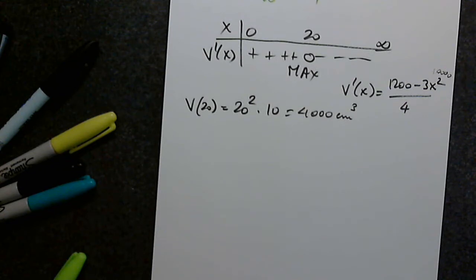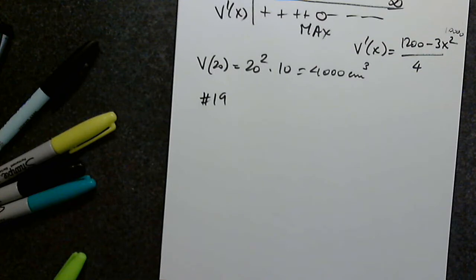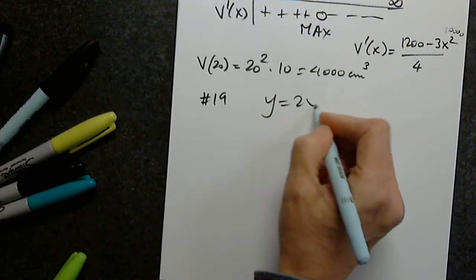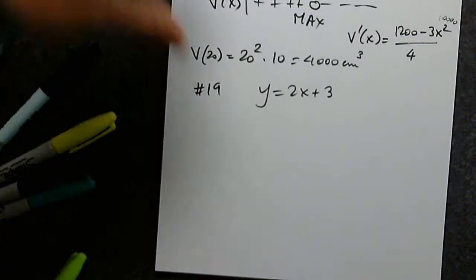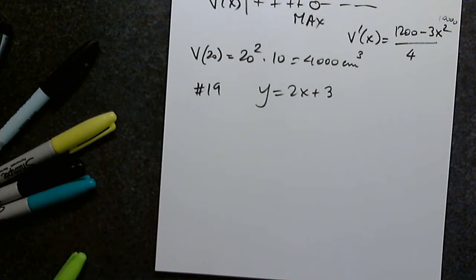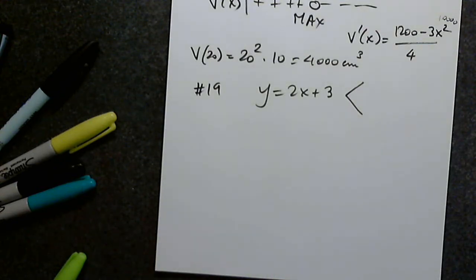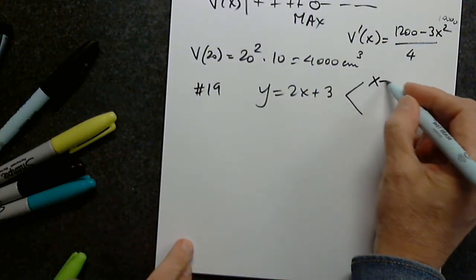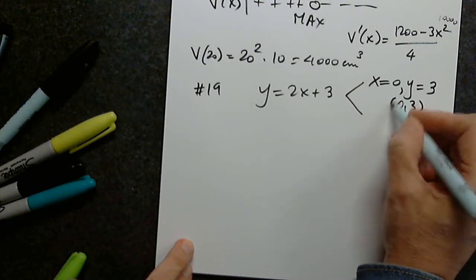Number 19. Find the point on the line that is closest to the origin. First, I would like to find or graph this function. When x is 0, how much is y? 3. So 0, 3, perfect.